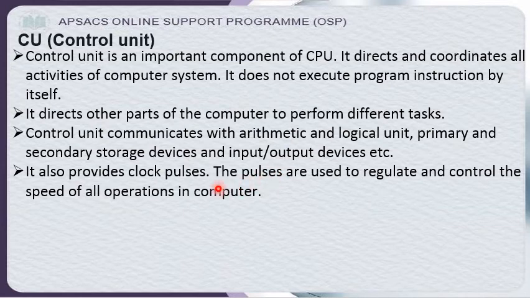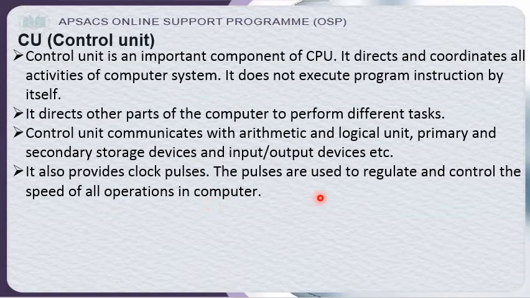It also provides clock pulse. The pulses are used to regulate and control the speed of all operations in a computer. The clock pulse determines at which rate the operations are going to be performed.